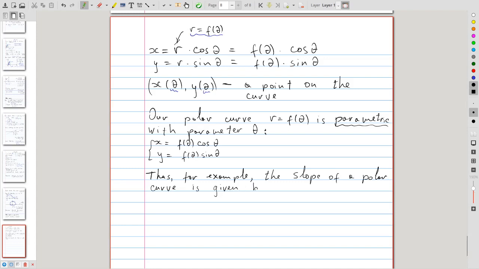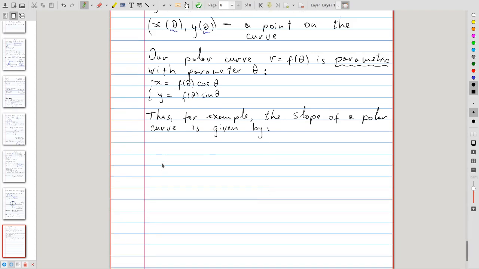And so the way to do it is to recall that the slope is given by dy over dx evaluated for some theta, right? And that just means we have to differentiate dy over d theta and divide that by dx over d theta. And so we can easily do this using the representation we obtained for the polar curve here.